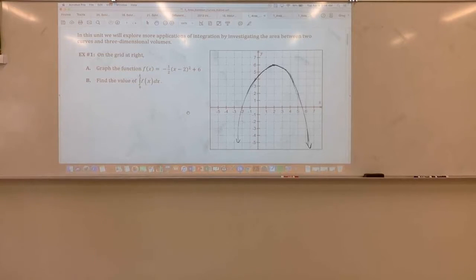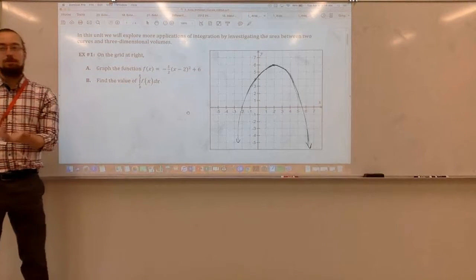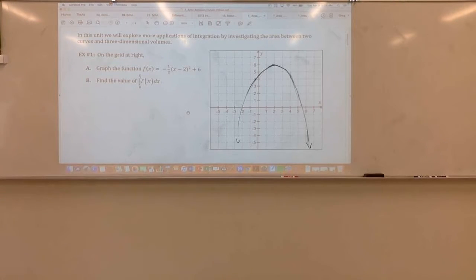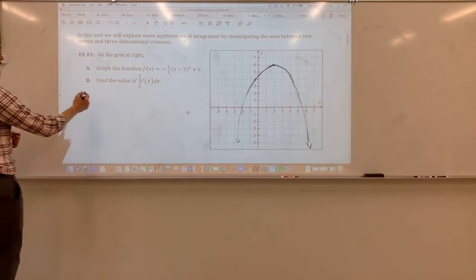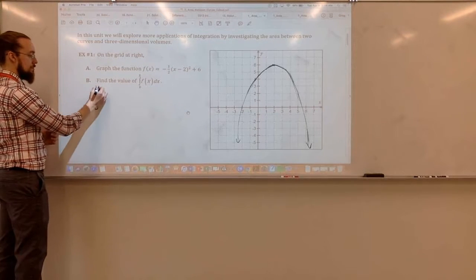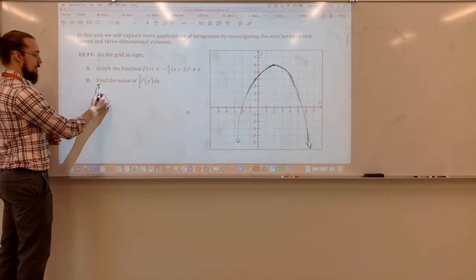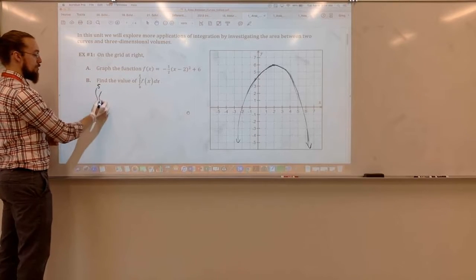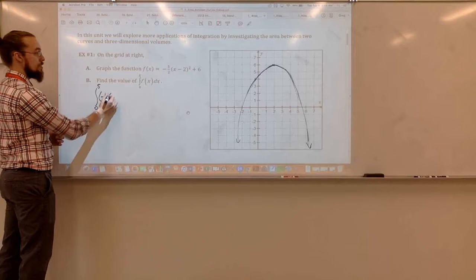So something like this, right? So we want to find the value of the integral from 0 to 5 of our function. So let's try this by hand. So how would I do this by hand? Yeah, so I'm just finding the antiderivative of this.